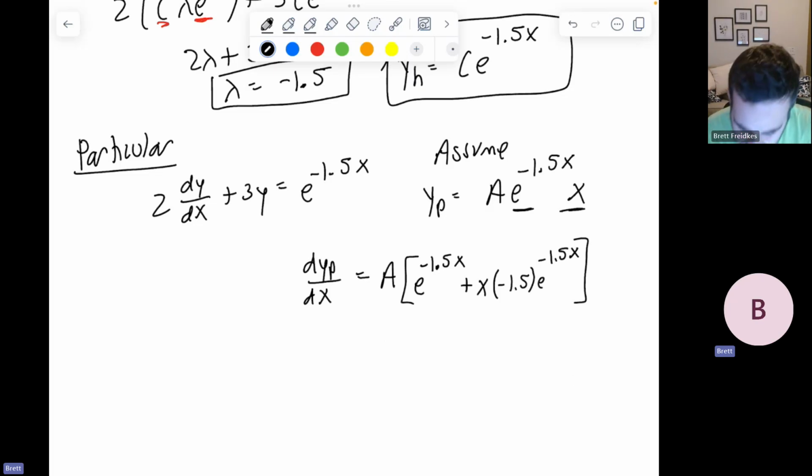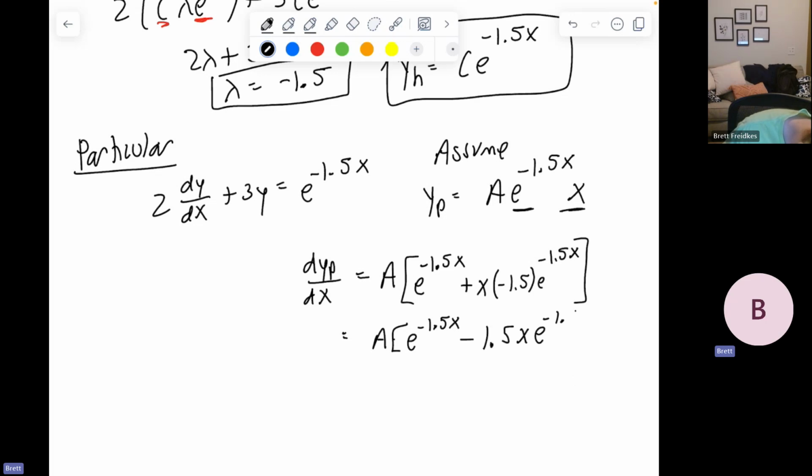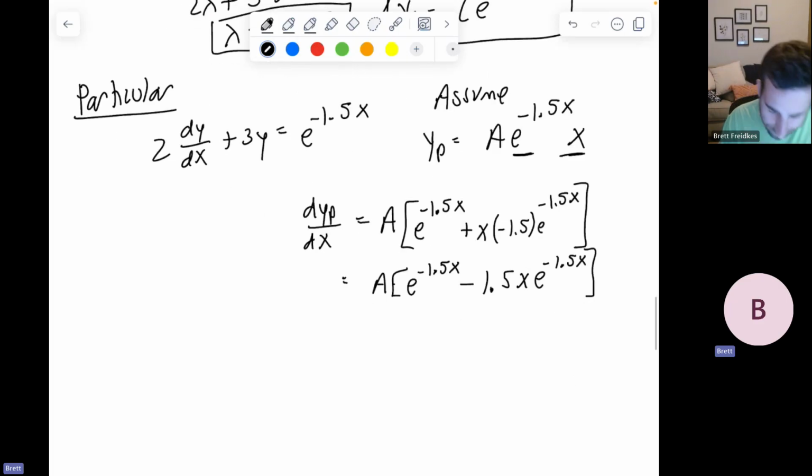Right? Because that would be the derivative of the exponential, and negative 1.5 comes down. So if we wanted to rewrite that a bit, this would be a e to the negative 1.5x minus 1.5x e to the negative 1.5x. And that's our first derivative of our particular solution.